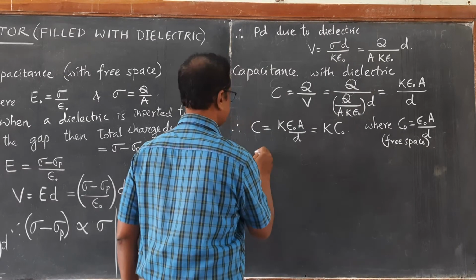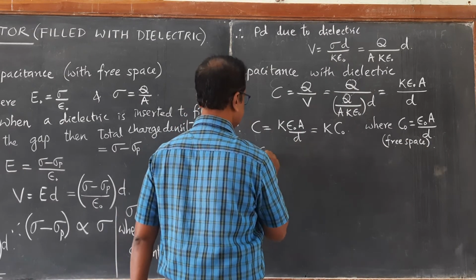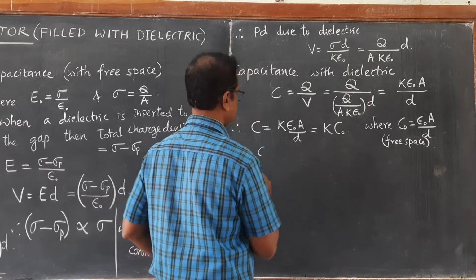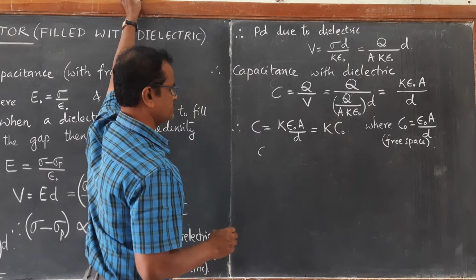Therefore, I can write now C is equal to K times C naught.